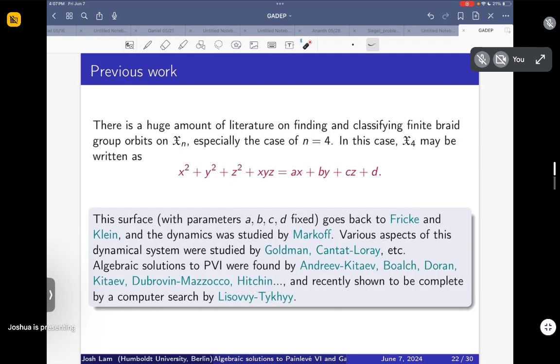But the most relevant thing is a work by Dubrovin and Mazzocco, and I'll say more about that in the next slide, I think. It was only very recently shown by Lisovyy and Tykhyy that all the solutions have been found. So the full classification of Painlevé VI algebraic solutions is known, and it was done finally by a computer search by Lisovyy and Tykhyy, around 2008, I think.